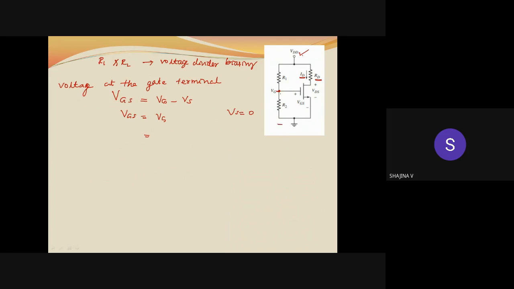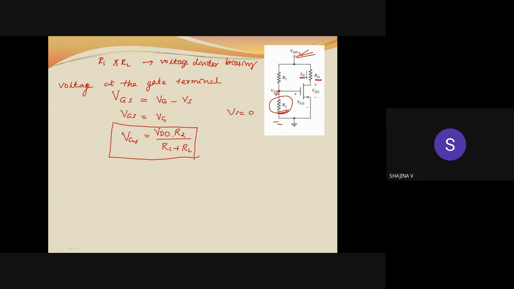That is, it is the voltage across the resistor R2. So by applying the voltage division rule, we can obtain the expression for VG: VDD into R2 divided by R1 plus R2. So this is my expression for gate to source voltage VGS in this case.